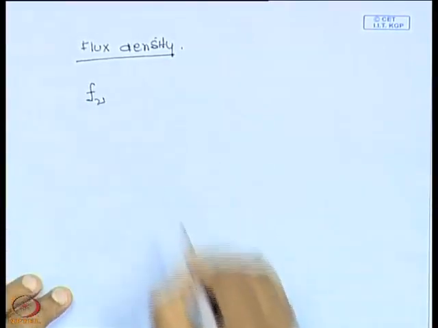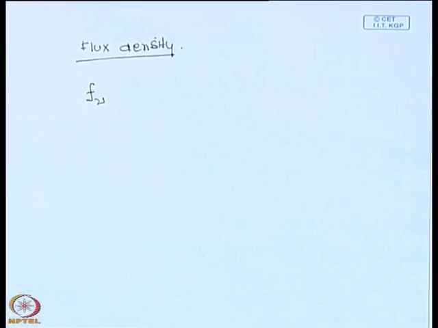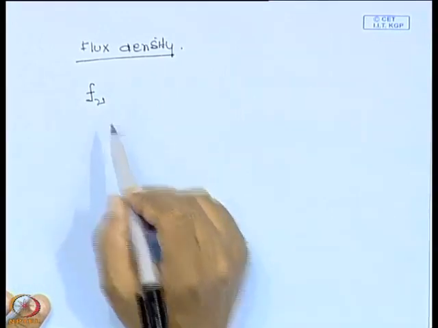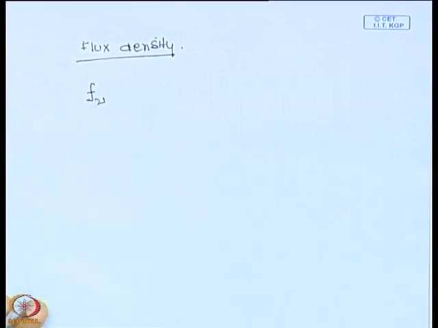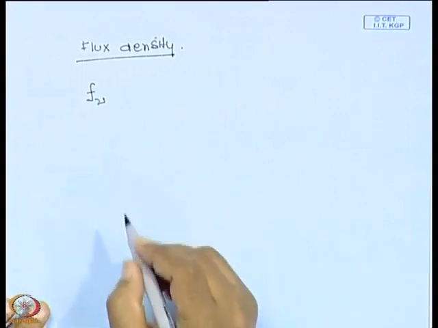F nu, which we are familiar with already. F nu tells us the energy coming per unit time interval.